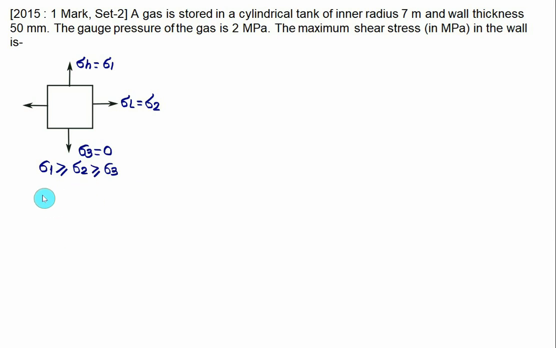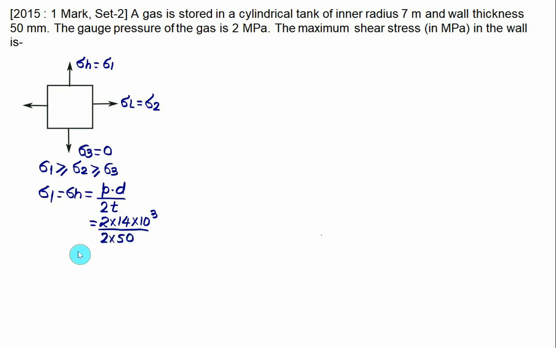Out of this, sigma 1 is equal to the hoop stress, sigma h, and sigma h is given as pressure multiplied by diameter divided by 2 times the wall thickness t. Pressure is again given as gauge pressure, 2 megapascal. Diameter is 2 times the radius, that is 14 into 10 to the power 3, divided by 2 times the wall thickness, 50.